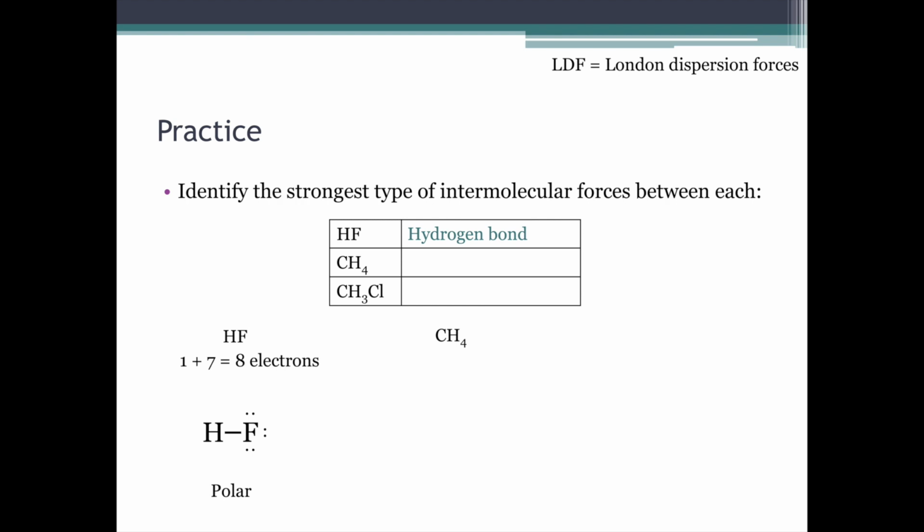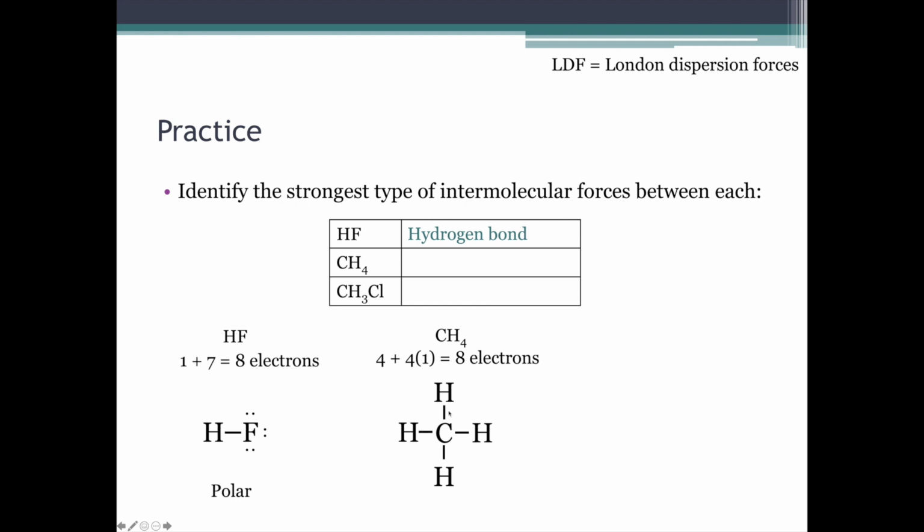For the next one, CH4, this is methane. I've got 4 electrons from carbon in group 14, plus 4 hydrogens, so that's 4 times 1. That means 8 total electrons. Now remember, carbon is a special snowflake. It likes to be in the center of all of its Lewis structures. I'm going to surround it with 4 hydrogens and connect them with single bonds.